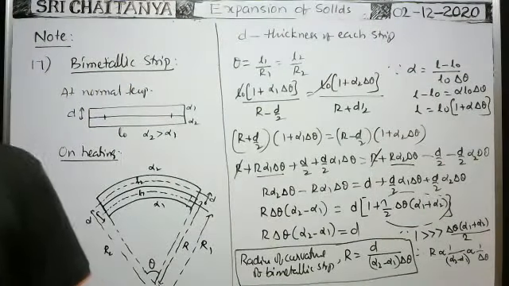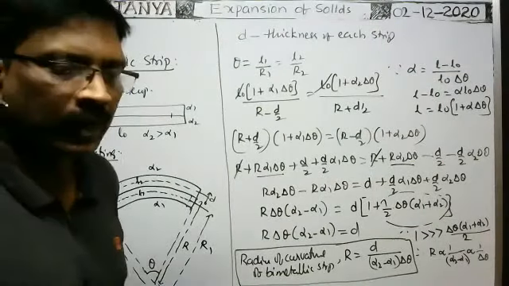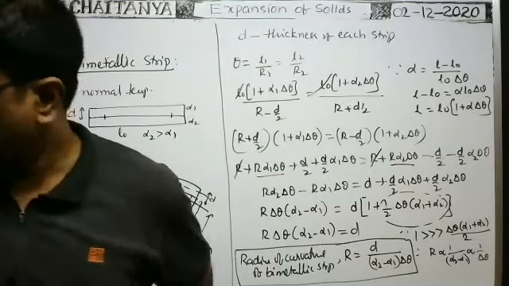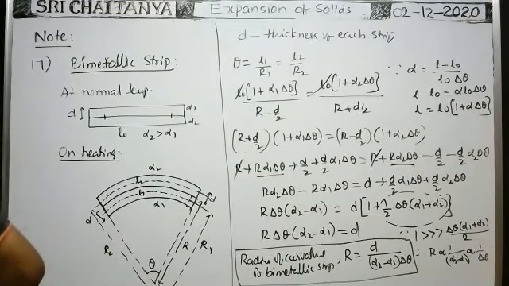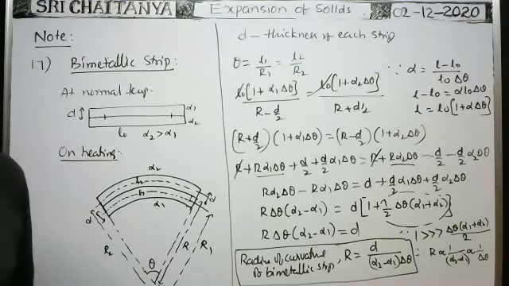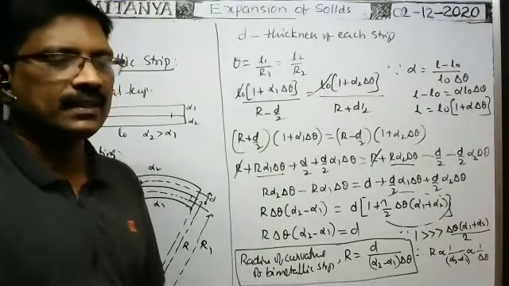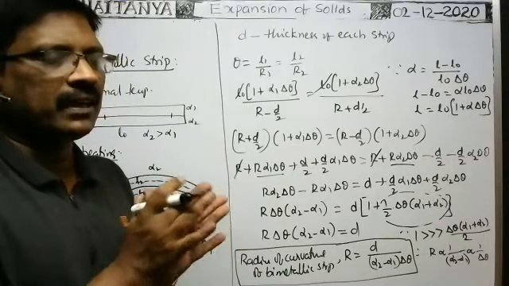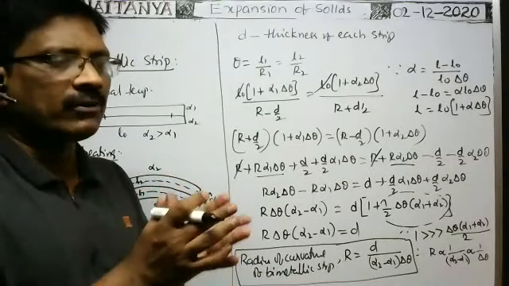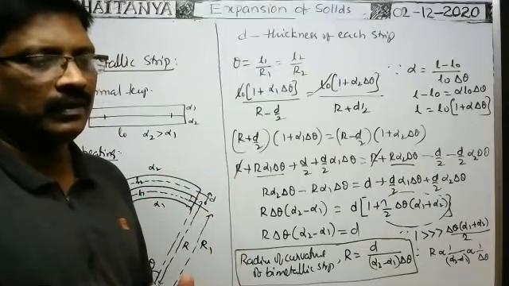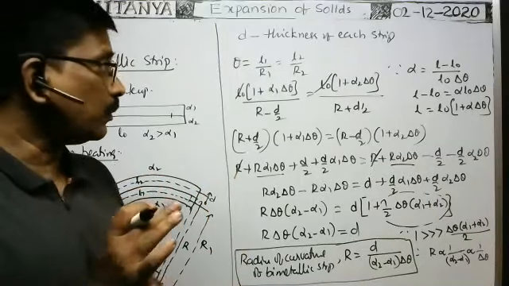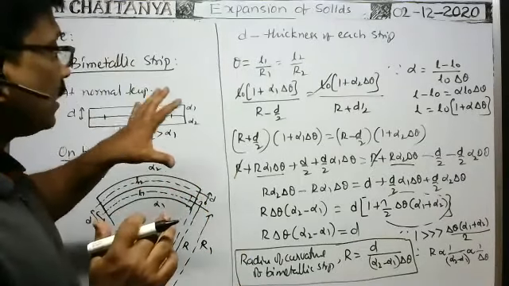What are the advantages of the bimetallic strip? Here, the bimetallic strip is used as a thermostat to control the temperature. In AC and refrigerators, whenever the required temperature is reached, immediately the power will be turned off, because a thermostat arrangement is there.